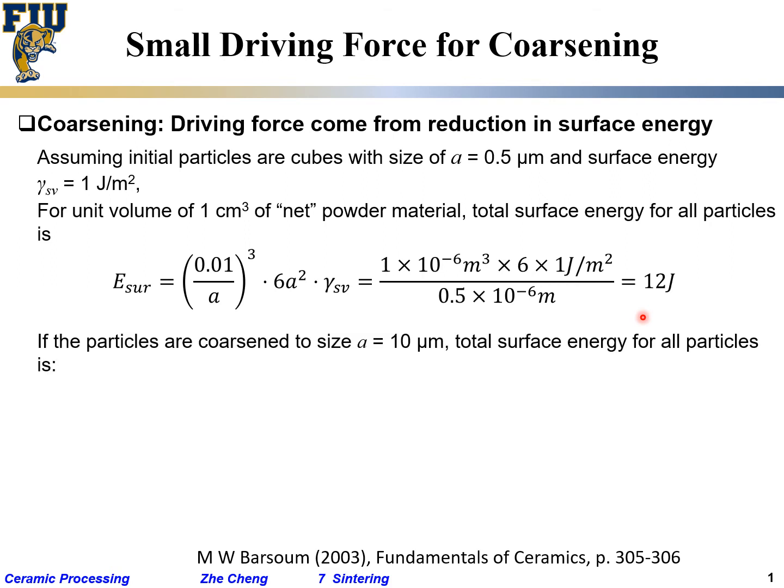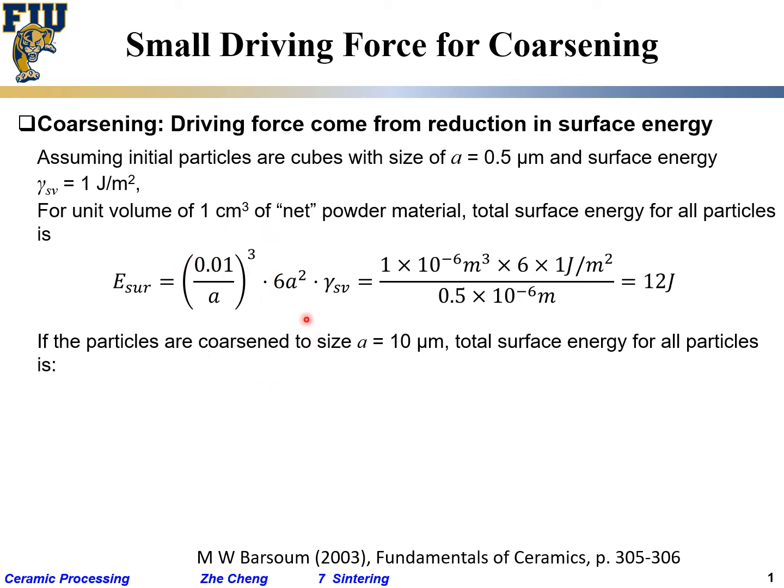On the other hand, let's say the particles have experienced coarsening, which means the particles' sizes are much larger, instead of 0.5 micron, they are 10 micron. But let's assume they are still cube-shaped. Make sense? So then the total surface energy for all particles, if instead of 0.5 they are 10 micron now, still the total amount is 1 cubic centimeter.